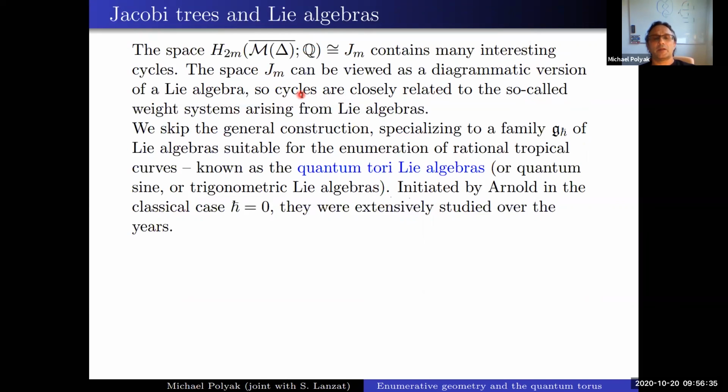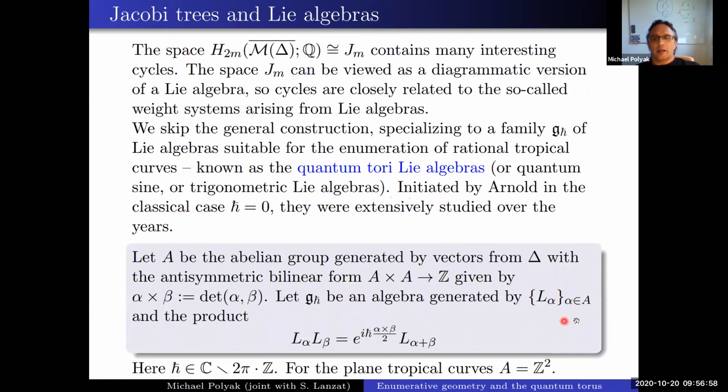And the moment you start from any Lie algebra, you can construct a cycle in our top homology just because of the relation of Lie algebras to this space. So the nice thing is about these quantum torus Lie algebras, and here I have probably 2 minutes on that. You just look at the quantum torus, which is well known.